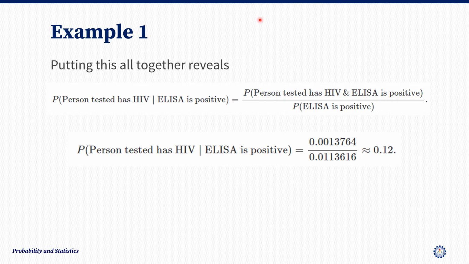That is, it is more likely that one is HIV negative rather than positive after one positive ELISA test. So questions like the one we just answered, what is the probability of a disease if a test returns positive, are crucial to make medical diagnosis.